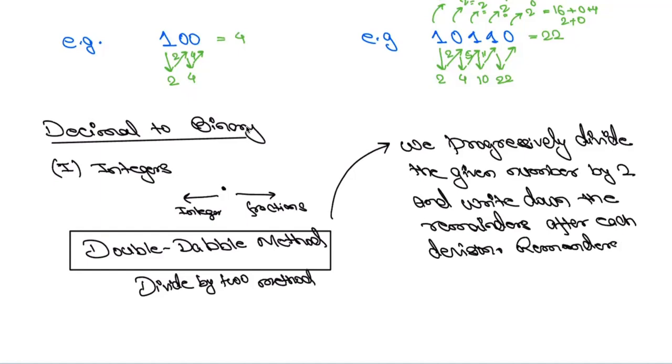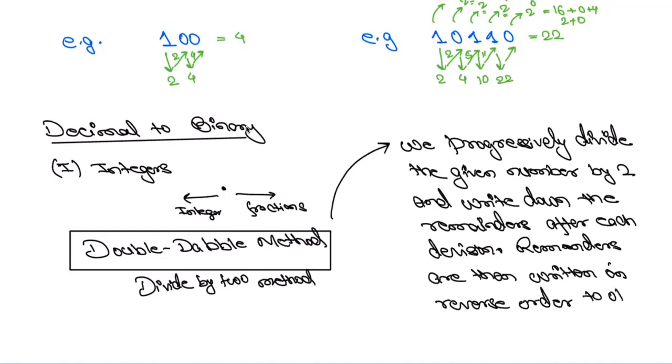Remainders are then written in reverse order to obtain the number in binary form.